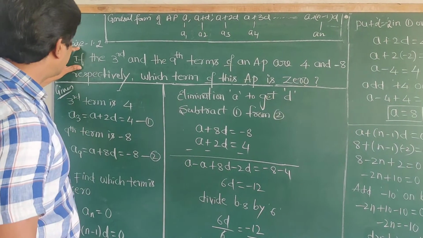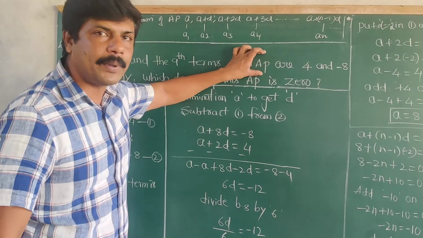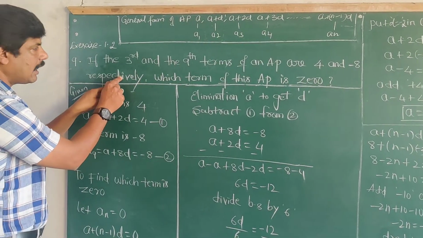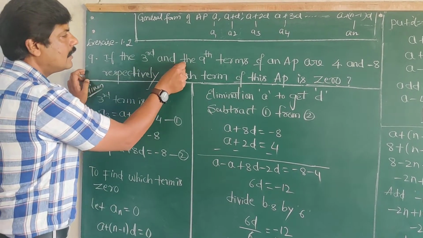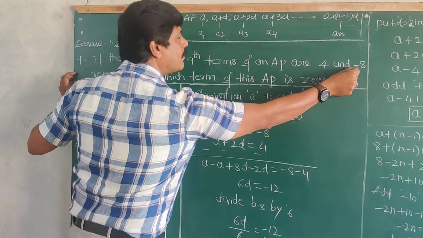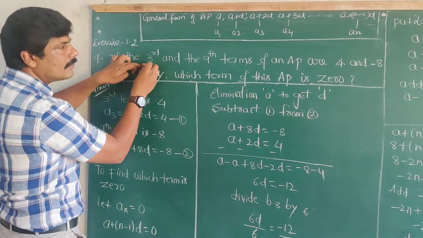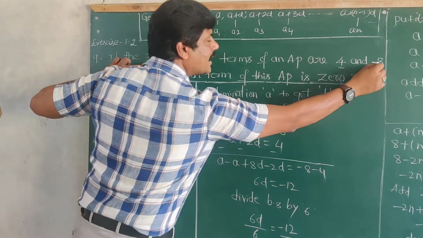Understand properly. What does it mean? The third and the 9th terms of an AP are 4 and minus 8 respectively means the third term is 4, the 9th term is minus 8.